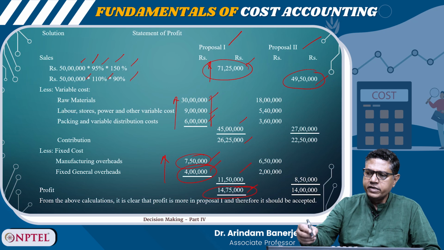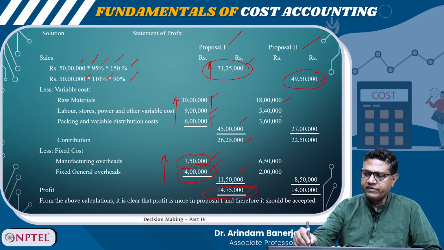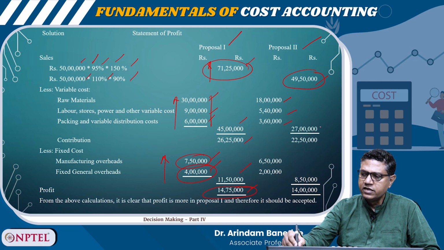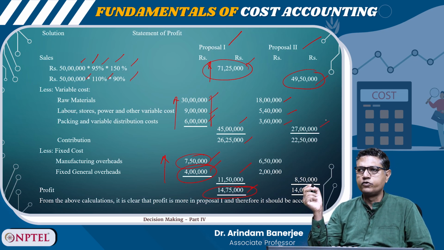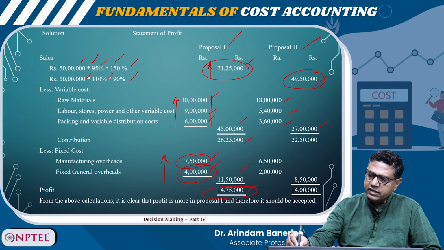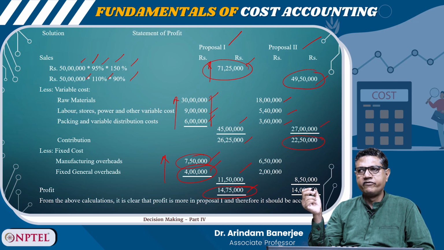So, these two savings are expected to happen, right. Raw material now is 18 lakh, labor is 5 lakh 40,000, packing and variable distribution cost 3 lakh 60,000. If I add, it is 27 lakh. So, 27 lakh is my total variable cost. This total variable cost, if I deduct from the sales revenue, I will get the contribution, which in this case is 22,50,000.